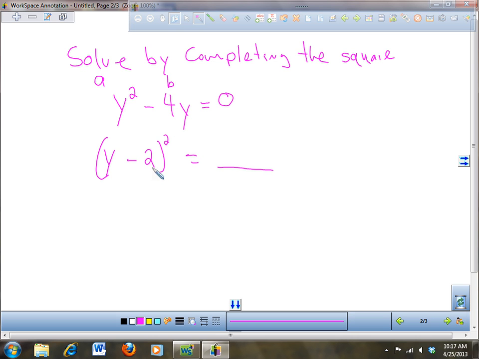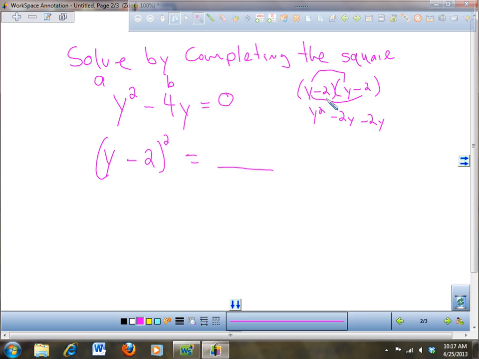Okay? But in doing that, I added something to the equation. Who could tell me what I added to the equation? What did I add? Foil this out. If it helps you, foil this out. Y minus 2 times y minus 2 is first, which is y squared, outer, which is minus 2y, inner, which is also minus 2y.